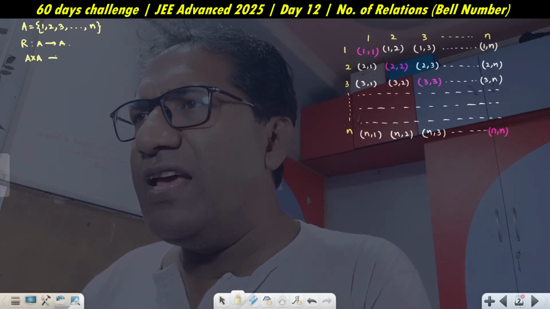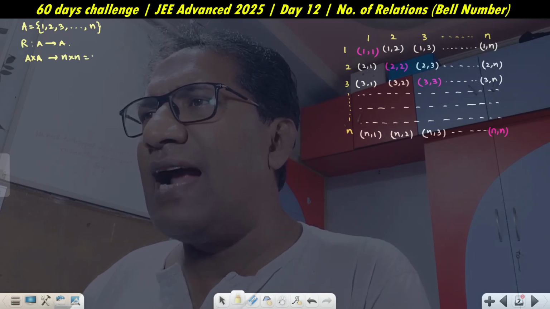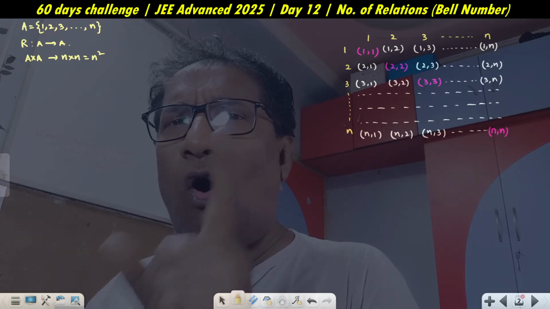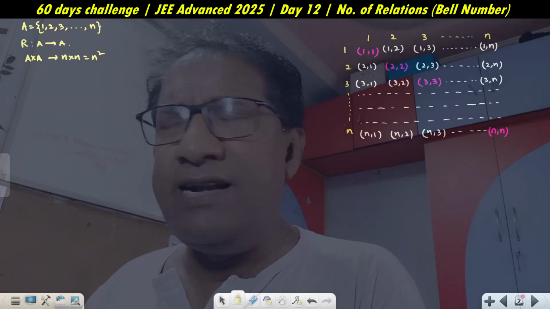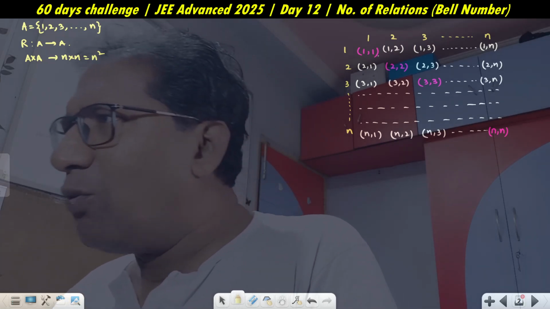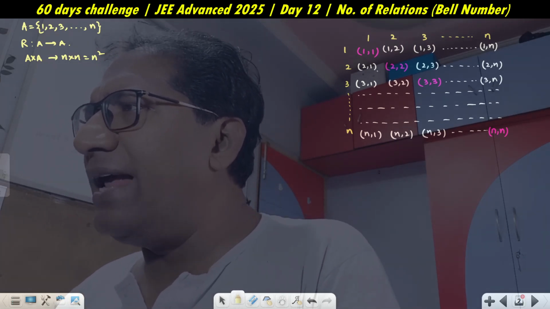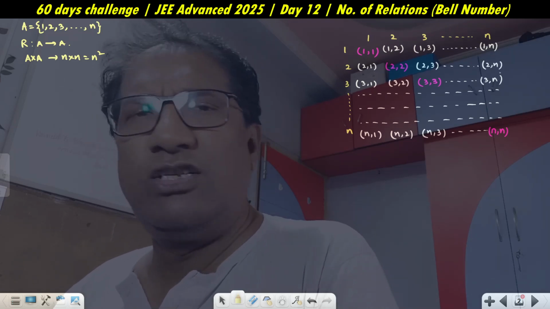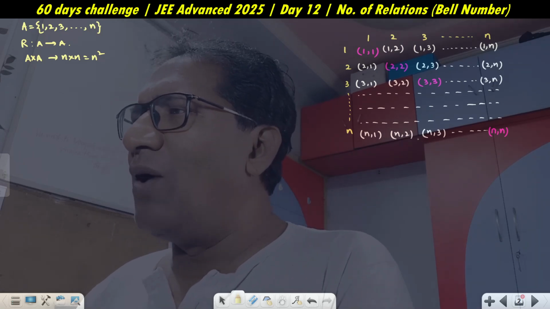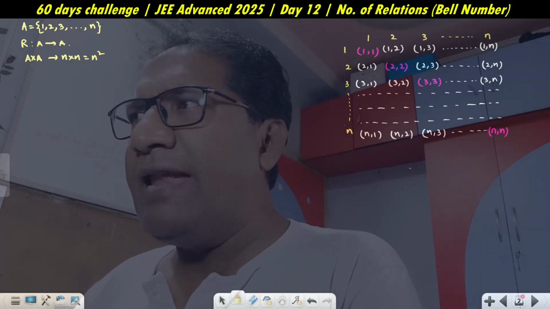It will obviously be n into n, that is n squared, right? Now see, all those ordered pairs I have written in this matrix form: (1,1), (1,2), (1,3) till (1,n), then (2,1), (2,2), (2,3) till (2,n), and this thing goes on. So the last row will be (n,1), (n,2), (n,3) till (n,n).